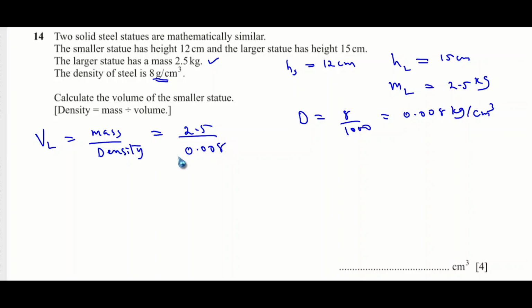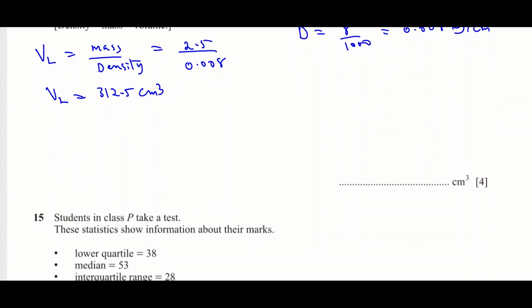If you do this, the volume of the larger statue is 312.5 centimeters cubed. From this we can now use the relationship between the volume and the height, so we can get the scale factor. To do that, let's start with this.